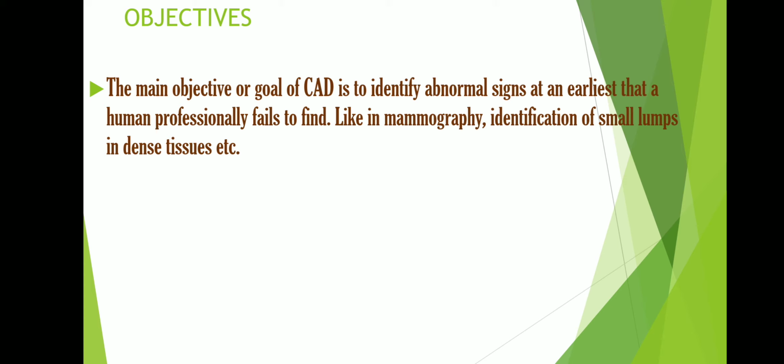When the tissues are very dense, and a small lump is building or growing within that tissue, it is possible that you will not be able to detect it at the earliest if a radiologist is going through a manual process. So when the lump grows bigger, then you will find out and see that yes, there was a lump.